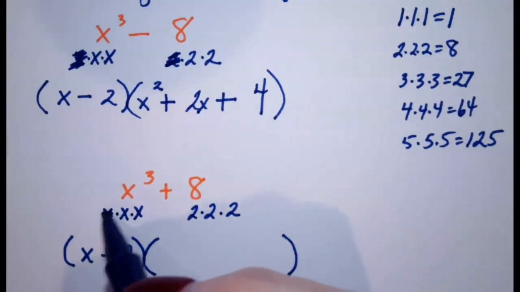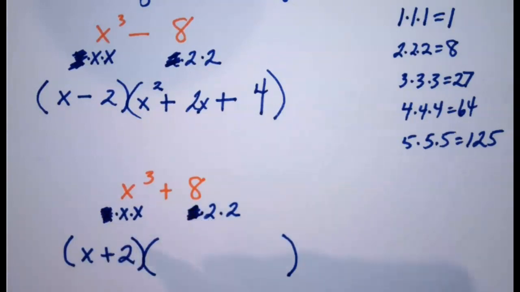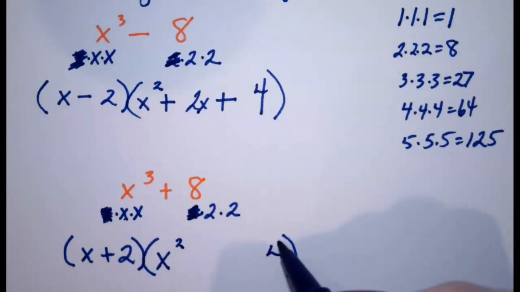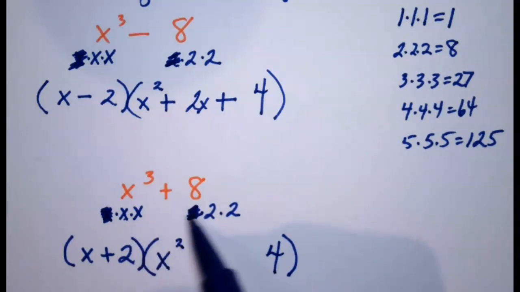We used one of the x's and we used one of the 2's already. What is x multiplied by x? X squared. What is 2 multiplied by 2? That's 4. And the middle is when you multiply the 2 together. So 2 times x is 2x.